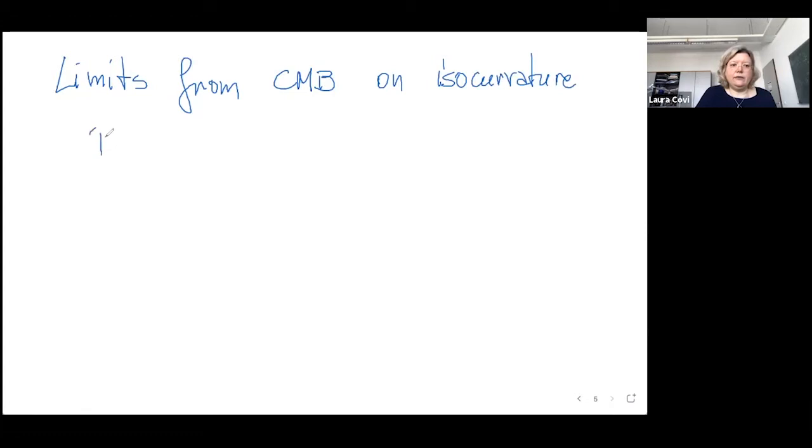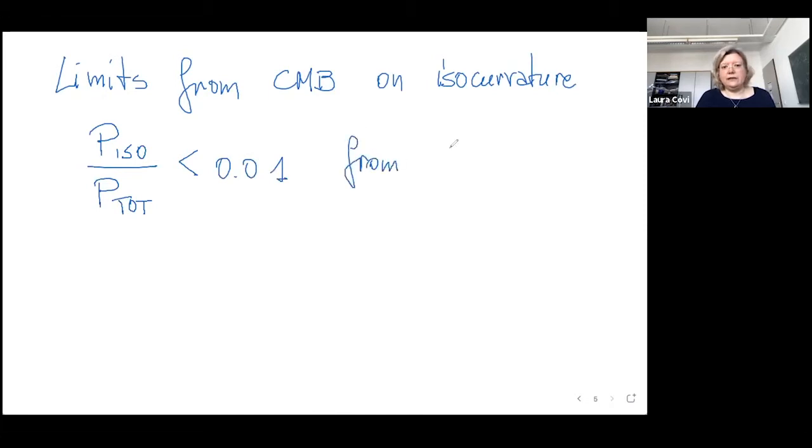For example, you get the constraint that the ratio of the isocurvature over the total, curvature plus isocurvature fluctuation, here for the power spectrum, has to be less than something like 1%. This is from Planck 2018. The number is slightly larger, but let me take 1% just for simplicity.